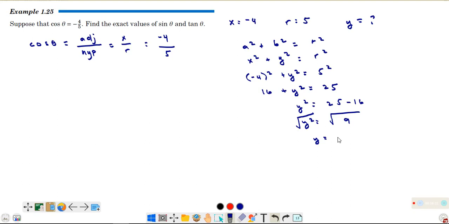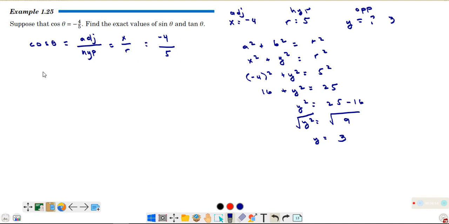We have y is equal to 3. Ayan. So, meron na tayong, kompleto na. Meron na tayong adjacent. Meron na tayong hypotenuse. At meron na tayong opposite.